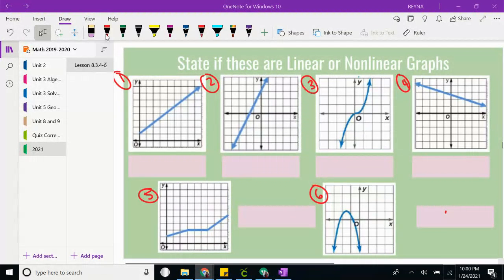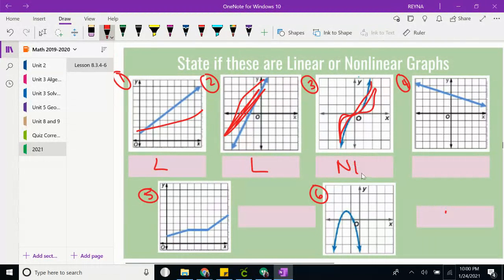Let's take a look. So this one looks like a straight line. So I would say number 1 is linear. I'm going to put an L for linear because it creates a straight line. Number 2, also straight line. Oh, mine was not, but number 2 is also linear. Number 3 kind of curves right in the middle.